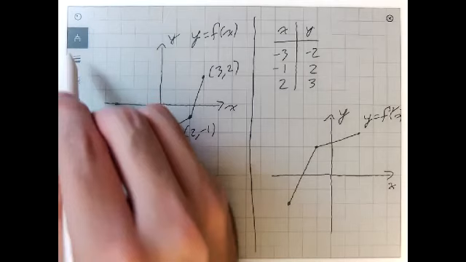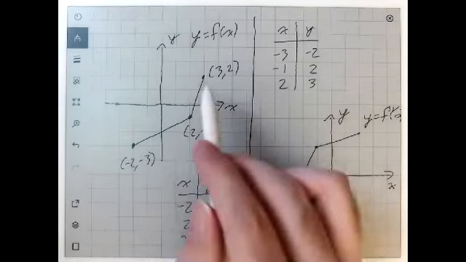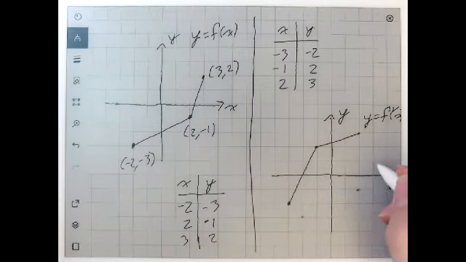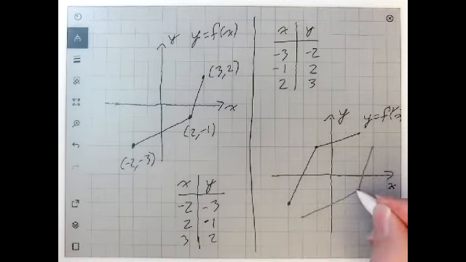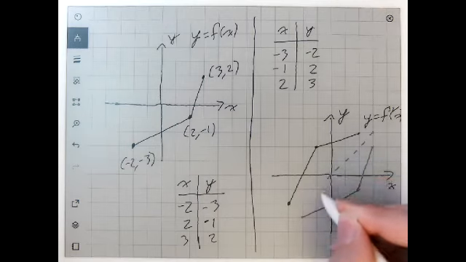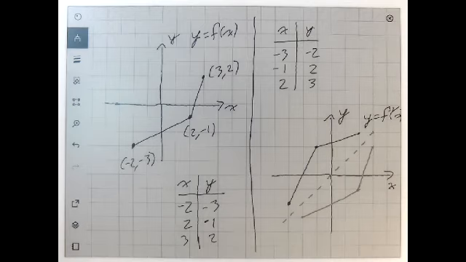Before I move on from this, I want to show you one little trick. If I take my graph of my original function and I superimpose it on here with this graph, one thing that you will notice, and this will always work out this way, is that the graph of a function and the graph of its inverse always mirror each other across the line y equals x.